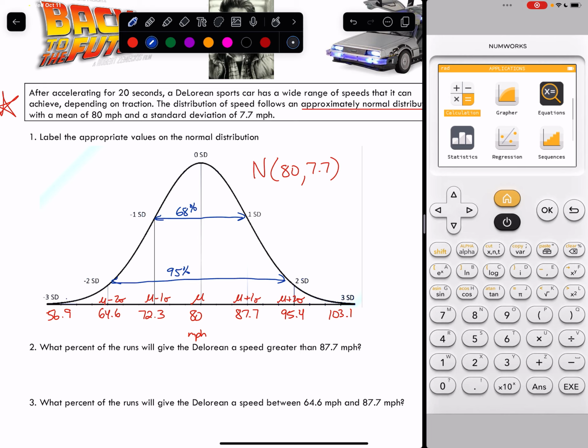And within 3 standard deviations, and I'll move that in a second, so you'll get the picture there. Within 3 standard deviations, it's 99.7% of our data. Okay, so that was our empirical rule, our 68, 95, 99.7 rule. So that's just important to remember.